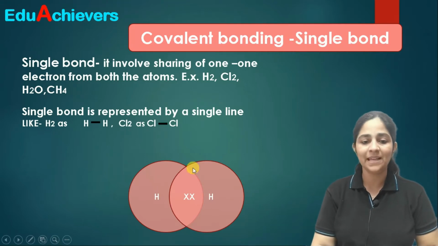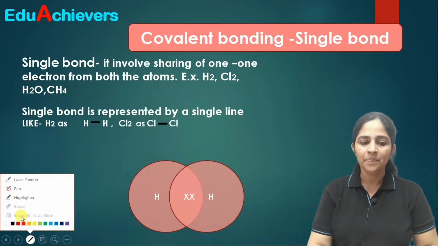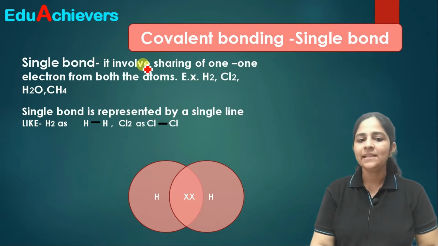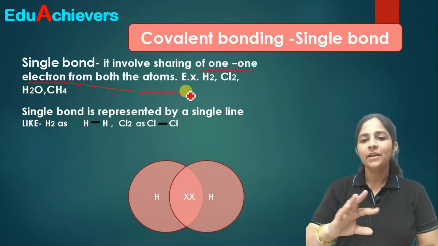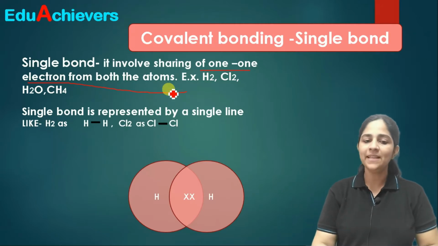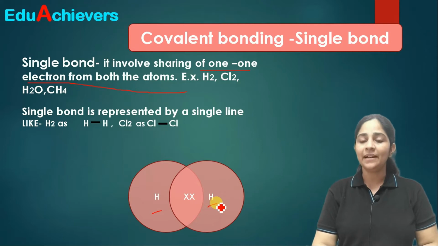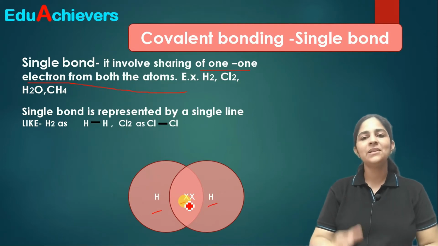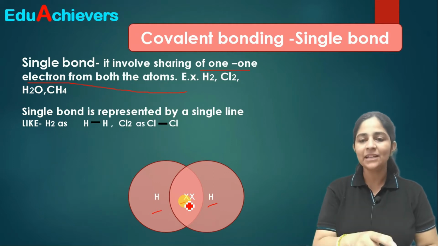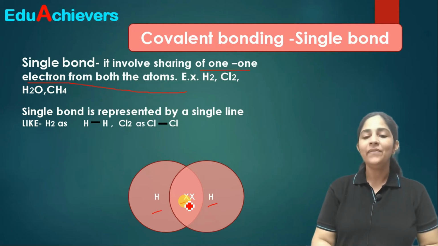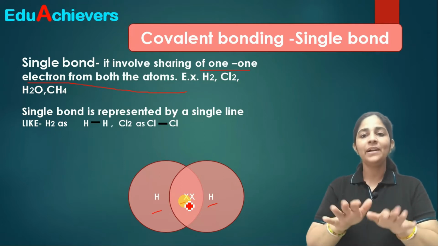The first one which we'll be studying here is the single bond. In a single bond, one electron is shared from both the atoms. You can see here we have taken the example of hydrogen. Hydrogen's atomic number is 1, that means it has only one electron, and that electron is shared with the other hydrogen atom to attain stability.